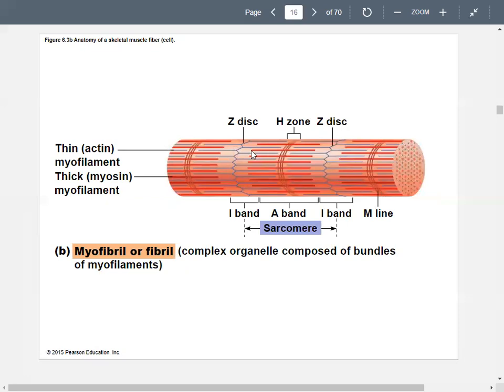H zone and the M line are in the middle of the thick filament. So what's going to happen here is when muscles contract, the Z discs get closer together. That makes a contraction. The thick filaments don't really move. It's the thin filaments that move when the muscles contract or relax.